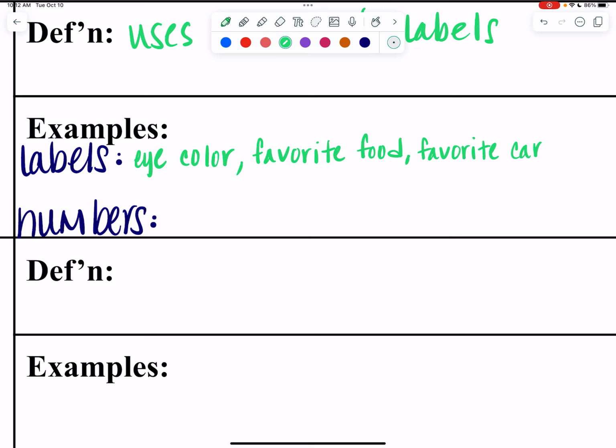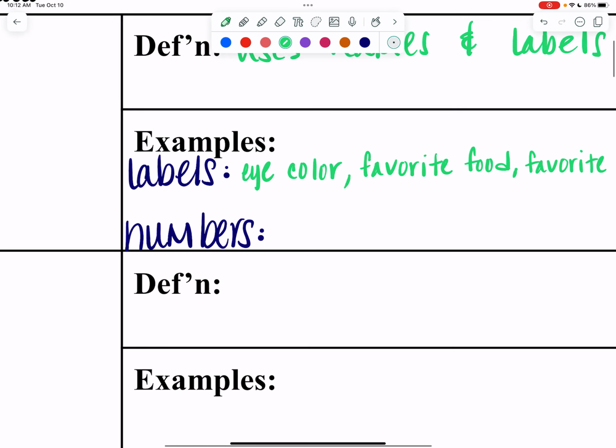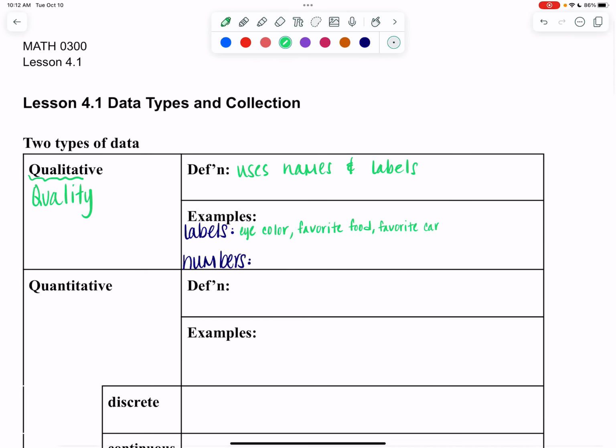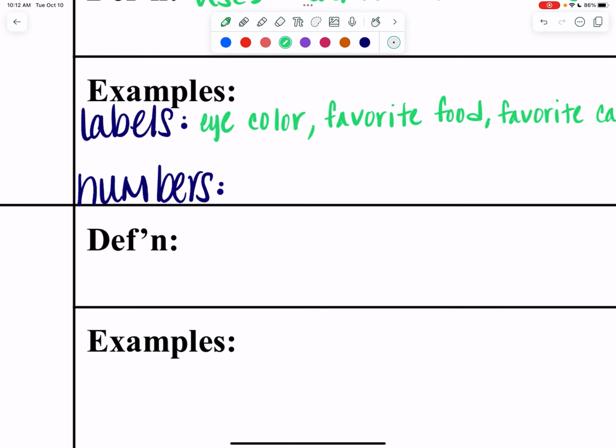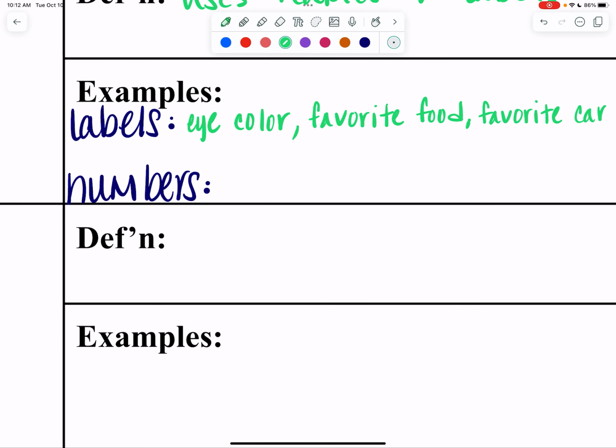The other one that I said we were going to take a look at is qualitative data still, but we're going to look at numbers. Now, these aren't numbers that measure anything. These are numbers that signify a category of things. So, for example, we could look at jersey numbers for a sport.